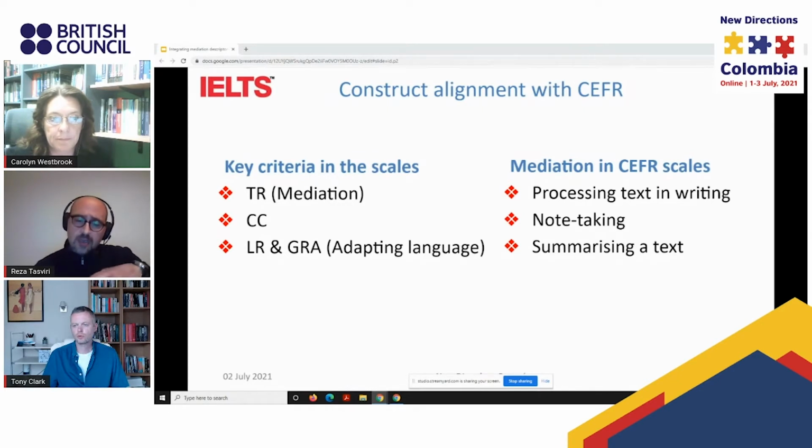Now, focusing on the first criterion, which is task response, that's where mediation was introduced. Here are the key indicators within the CEFR scales that we identified, and then brought into the scales that we were developing: processing text in writing, note-taking, and summarizing the text as the 3 major overarching key indicators of mediation.